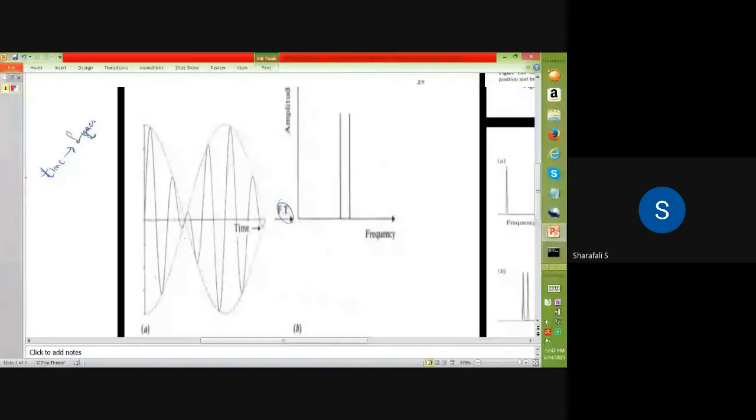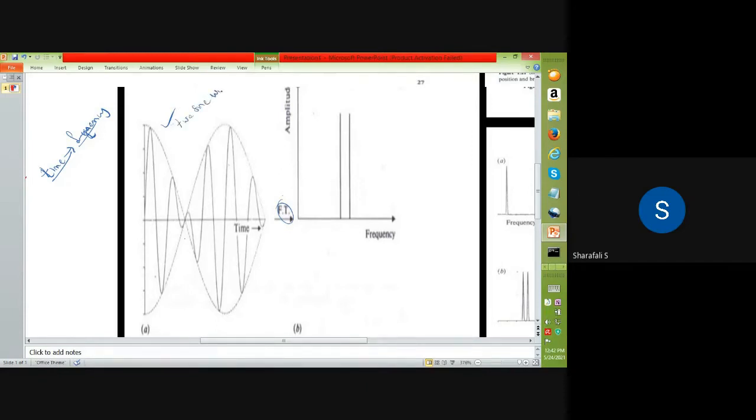So you are converting your time domain function or time domain wave into the frequency domain. This Fourier transformation will be done by a computer system, and all these things will be done by the computer itself. So when you do that Fourier transform, for example, using this particular wave, we already discussed that it consists of 2 sine waves.